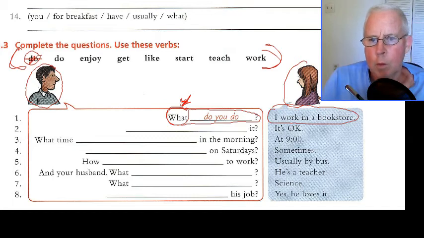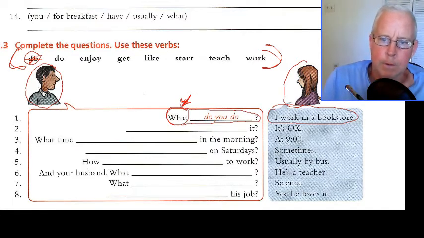So again, you could say, hey, where do you work? I work in a bookstore. Okay, now all of these questions kind of go together. So he says again, what do you do? She says, I work in a bookstore.